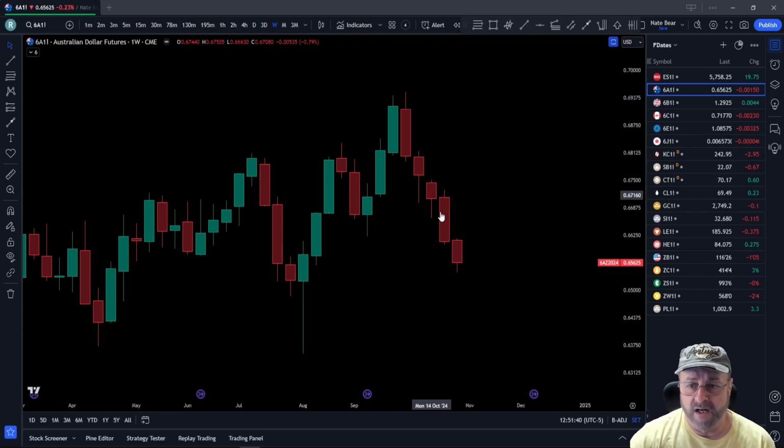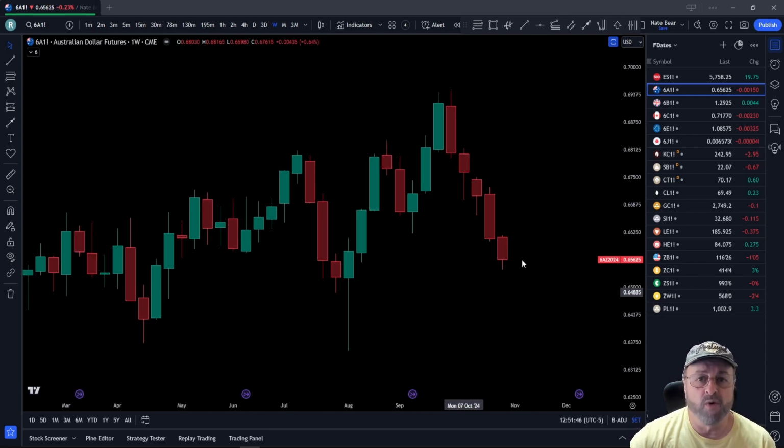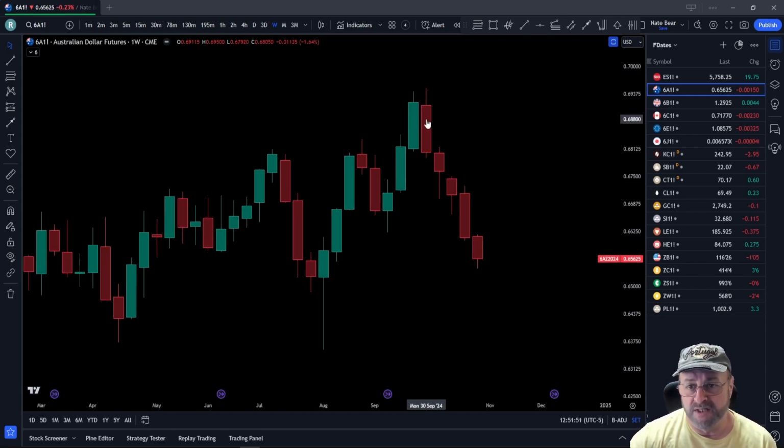And it also has its swing bottoms and swing tops. It's much more long term. So, for example, you see that the Australian dollar has been in this strong bear trend going all the way back here to the end of September.